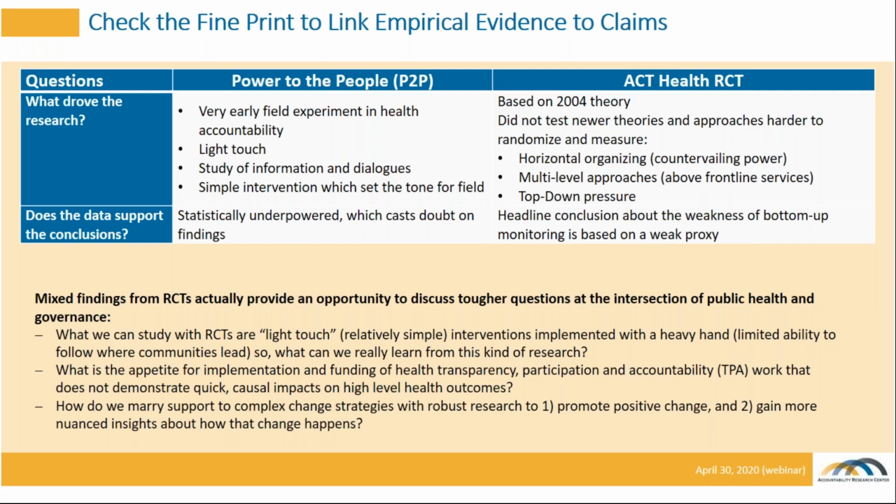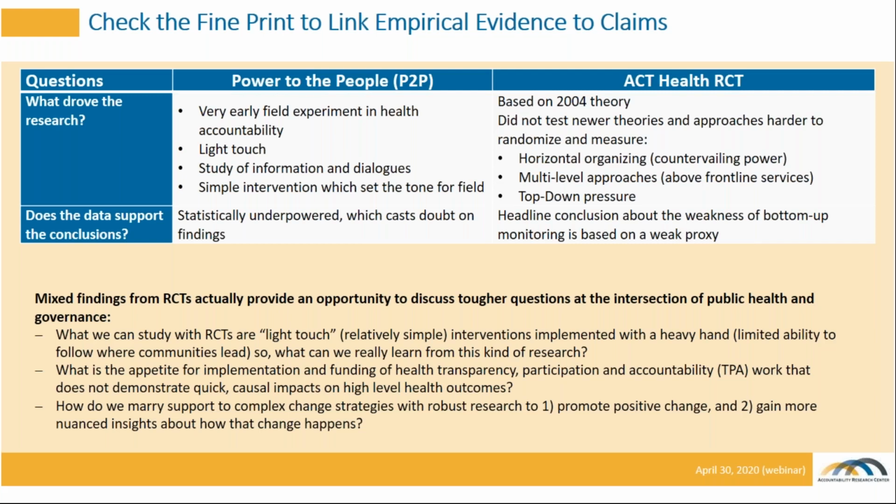The ACT Health RCT was basically driven by a desire to retest that earlier theory. And unfortunately, it did not include newer theories and approaches that are much harder to randomize and to measure. So organizing people across geographic areas or between communities, that's a horizontal organizing, approaches that really specifically address and tackle shortcomings in the whole chain.